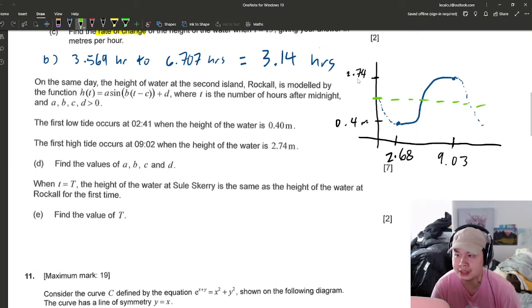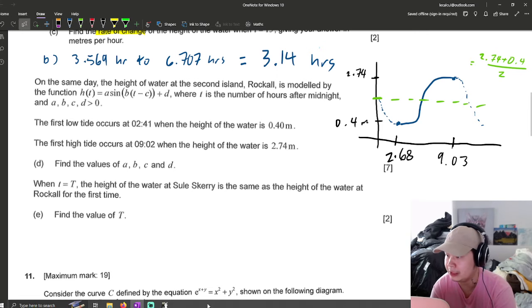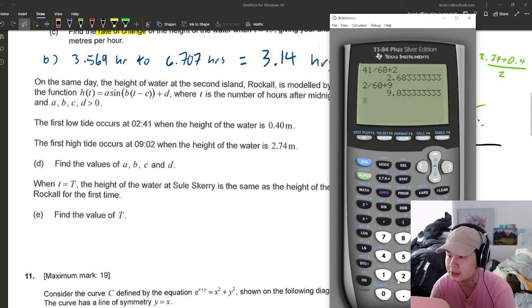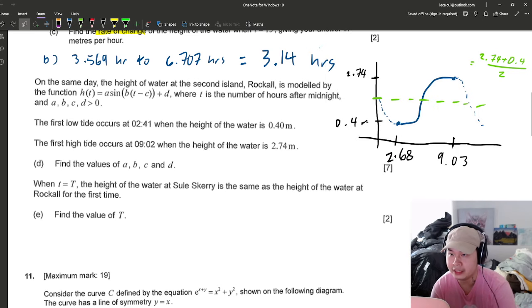So to find that value, we take their average. If we add them together and divide by 2, this should give us the value in between. So 2.74 plus 0.4 divided by 2, 1.57.